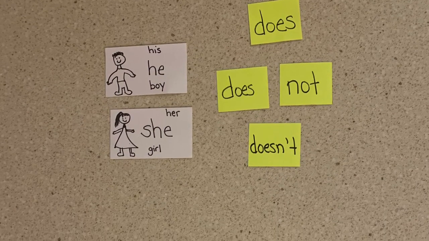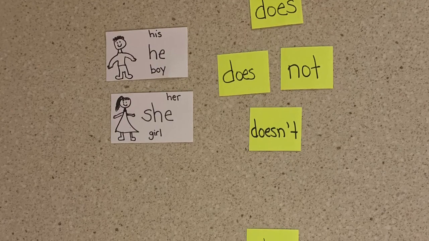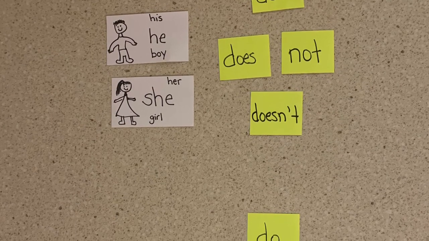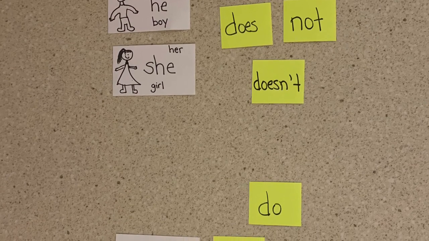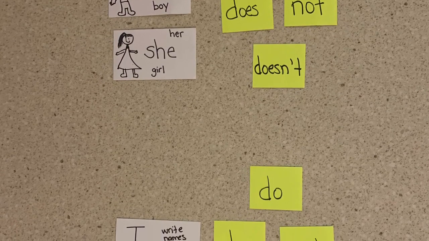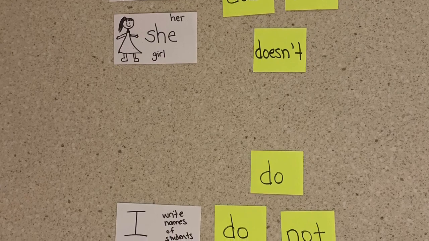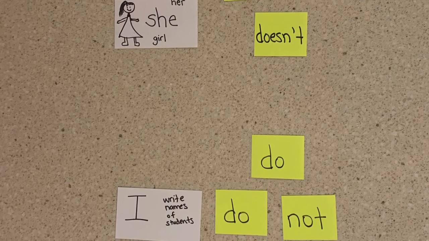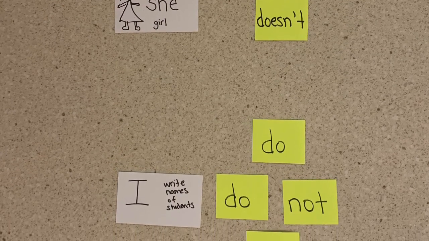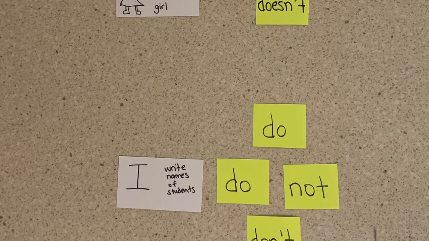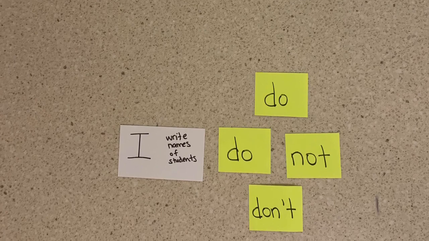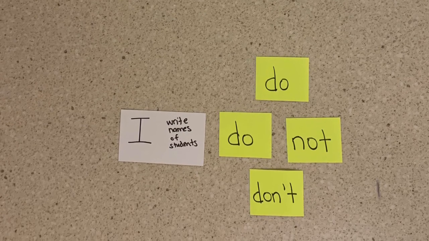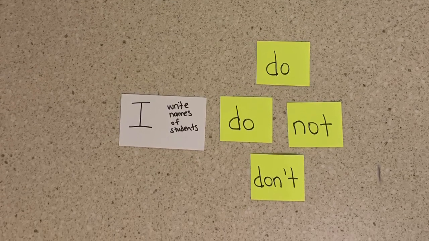Instead of saying no, Carlos does not, students can practice saying no, Carlos doesn't. If students are ready, you may use grammar cards as a grammar boost to help them, reminding students that he and she go with the word does and I goes with the word do.